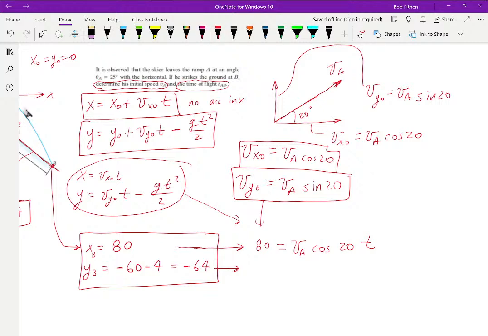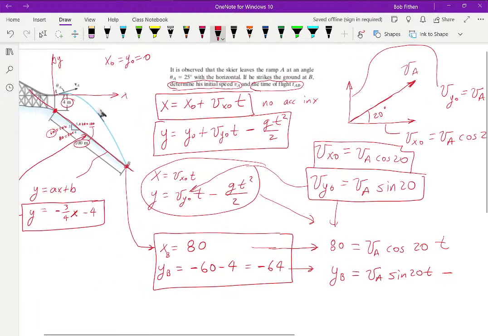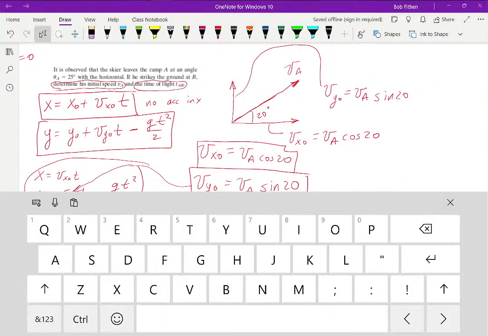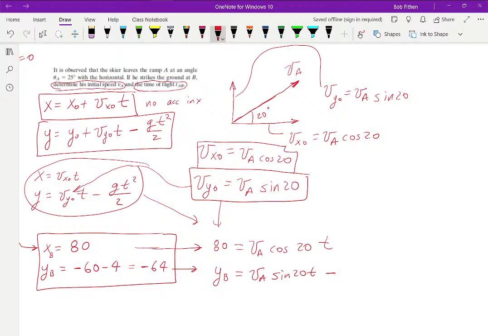Tell you what, do it this way. Va sine of 20t, putting this in here, minus, now this is in meters, SI system, so minus 9.81, that's the g, t squared over 2. Just so happens the yb was minus 64.